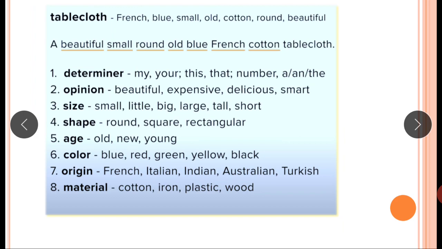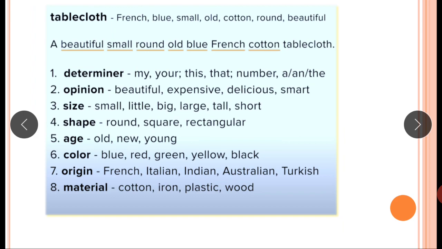So for the given example, look at the second word, beautiful. Beautiful is opinion. And what is the next word? Small. Small comes next to the opinion; that is size. That's why: a beautiful small. Then comes round, that is the shape, so it takes the next place. And age, whether it is old or new or young.